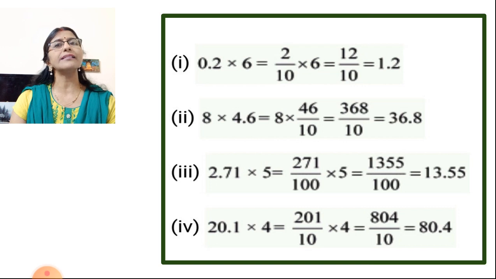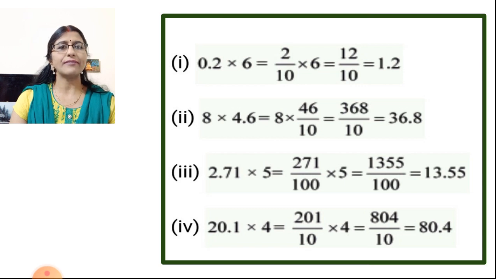Now let us go to the third question. 2.71 multiplied by 5. Same way, but here there are two decimal places. So we are going to multiply both numerator and denominator by 100 to remove the decimal point. So in the numerator we will get 271, and in the denominator 100 will be there. You can see the first step, 271 upon 100 multiplied by 5 is written.